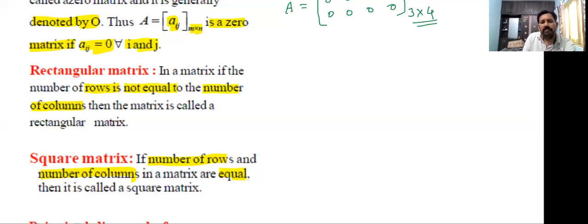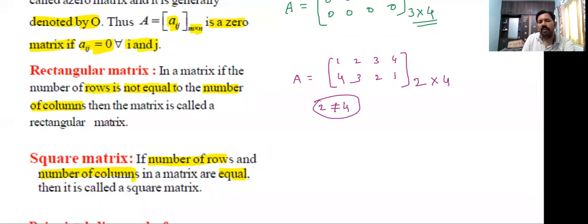For example, I am taking a matrix 1 2 3 4, 1 2 3 4. How many rows are there? There are 2 rows and 4 columns. So here rows are not equal to columns. The number of rows is not equal to the number of columns, so that is a rectangular matrix.